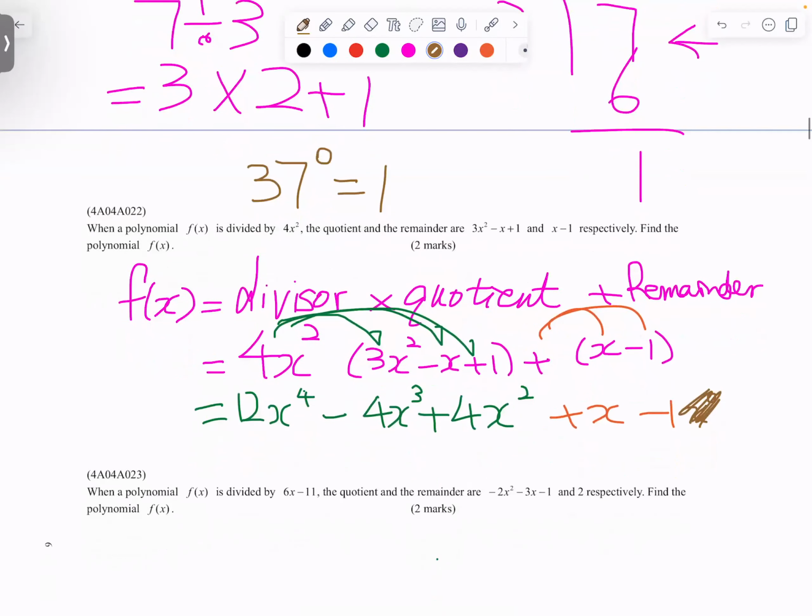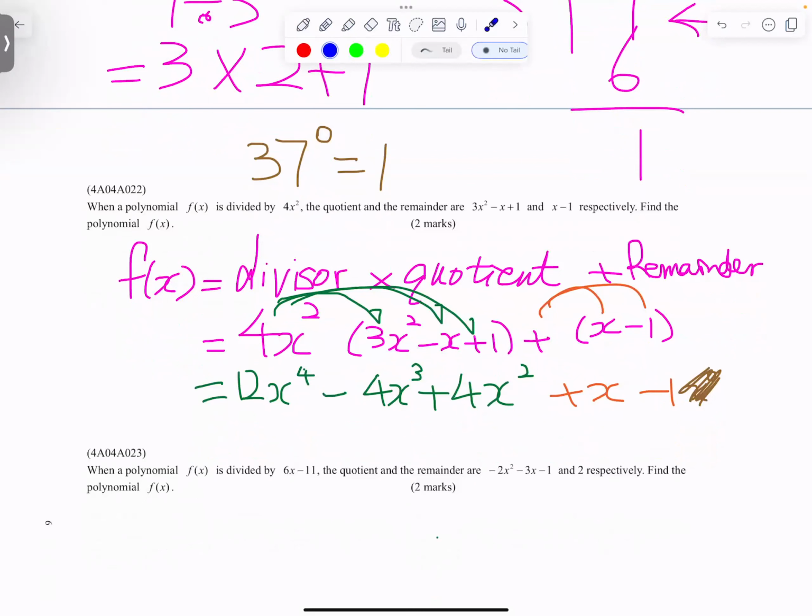All right, so the first one, of course, is always the easier version. Can you do this one? It is divided by something, so you have your divisor, you have your quotient, you also have your remainder. Whenever you have all the three things, you can find your f(x) immediately. Even if the question doesn't ask you to find the f(x), but you are given all the three things, you need to find it.